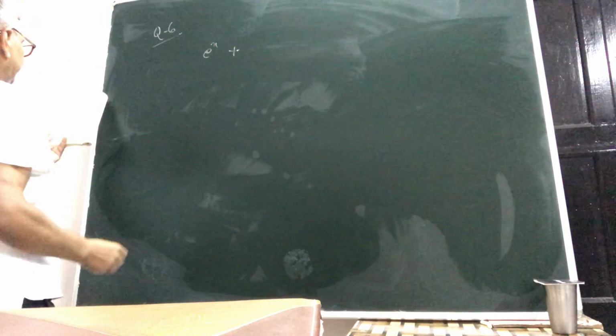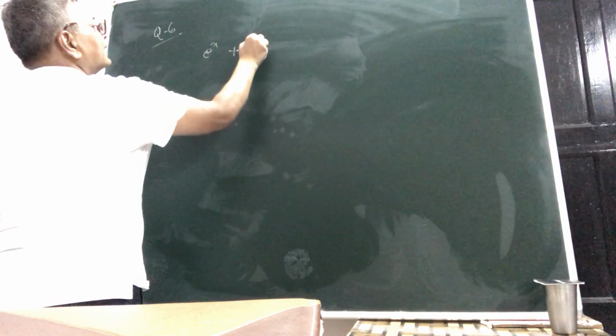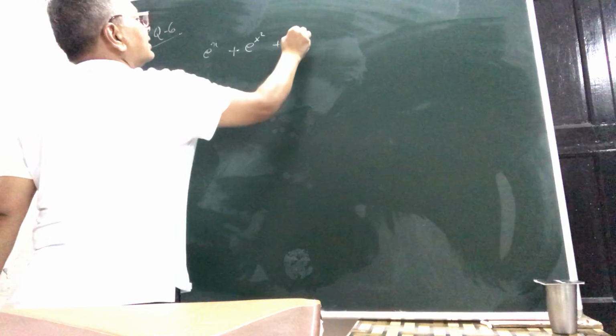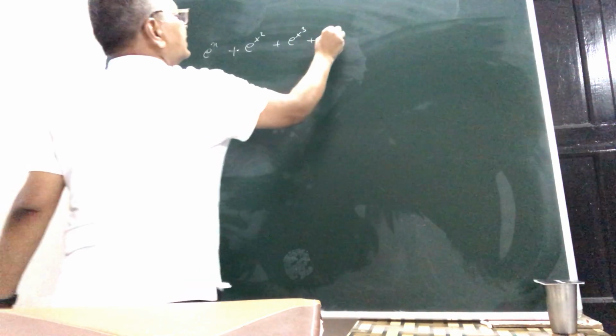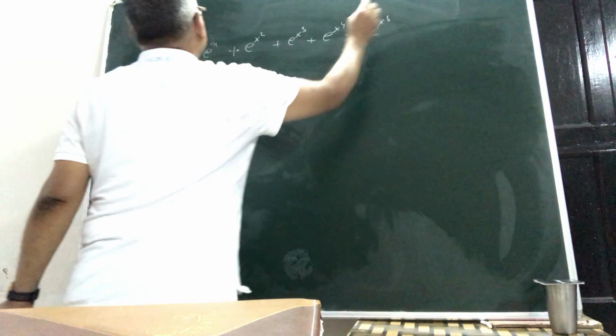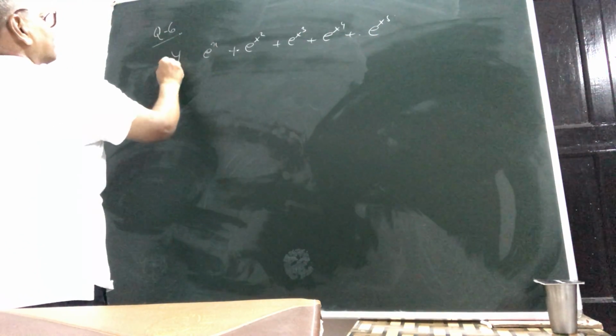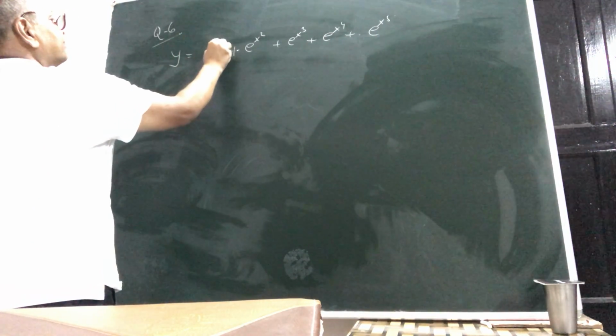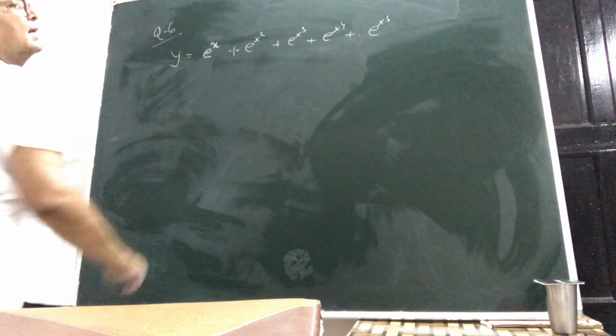It is e raised to power x plus e raised to power x square plus e raised to power x cube plus e raised to power x4 plus e raised to power x5. Now, simple here. This is your function y. This is x. This is e.